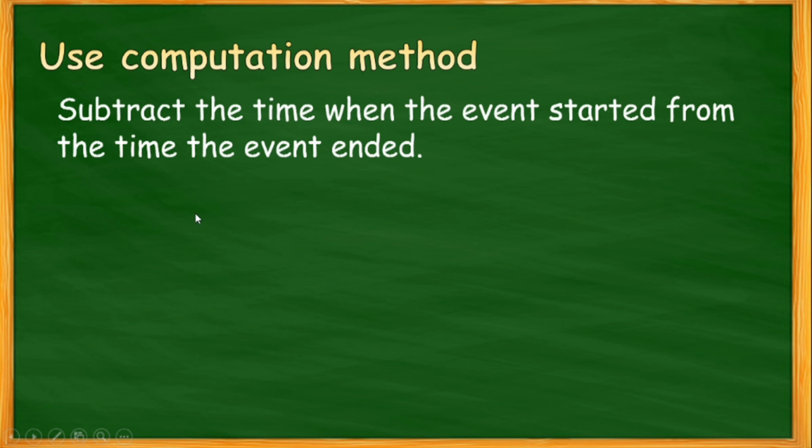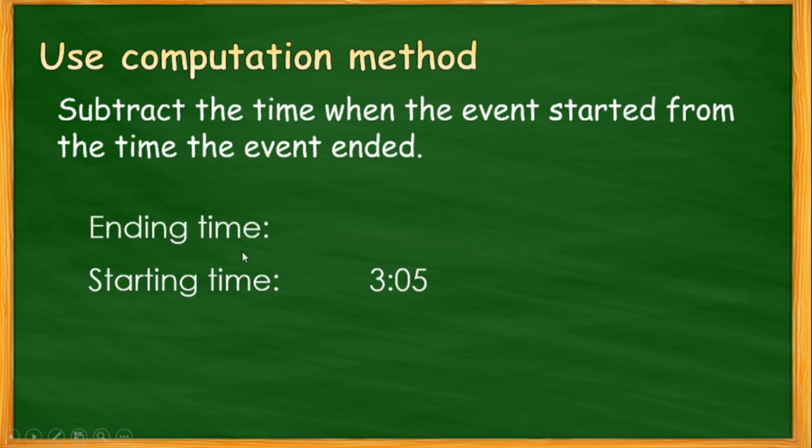Another way to solve this one is using a computation method. To compute this, you're going to subtract the time when the event started from the time the event ended. So for this one, starting time is 3:05, ending time is 3:55.